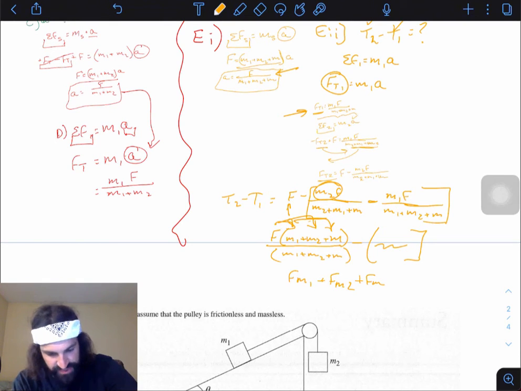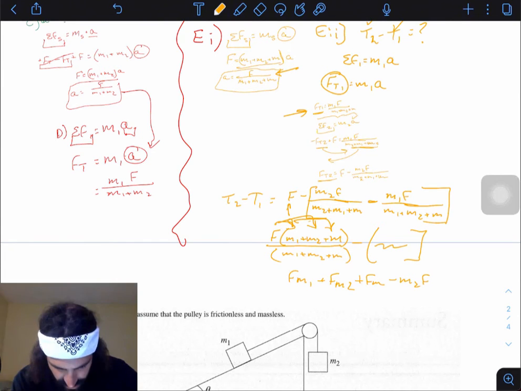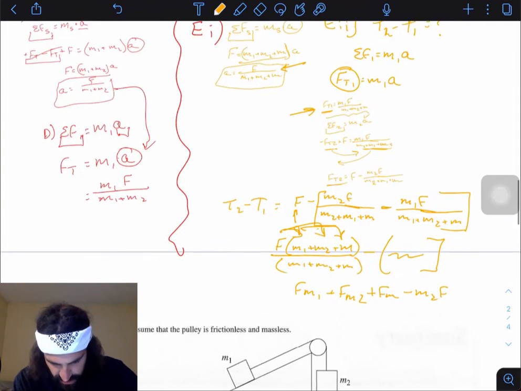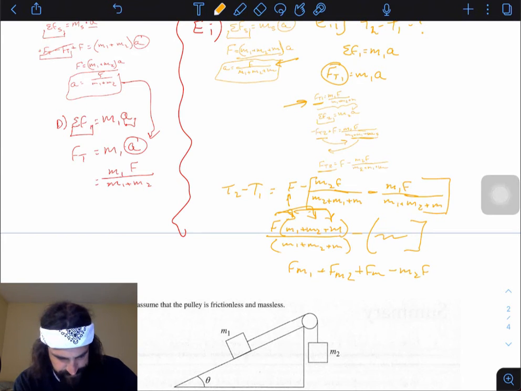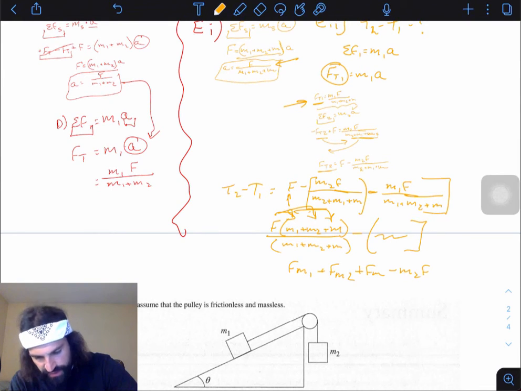Plus or minus m2f plus m1f. Did I make a mistake? F minus. Oh, yeah. That's not a bracket.